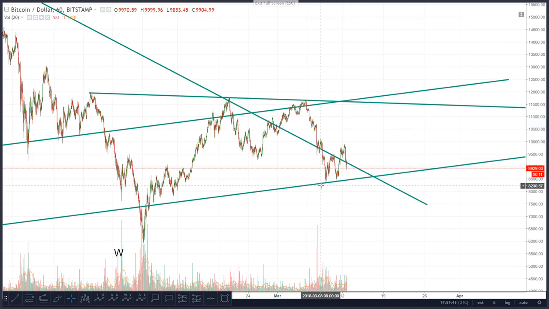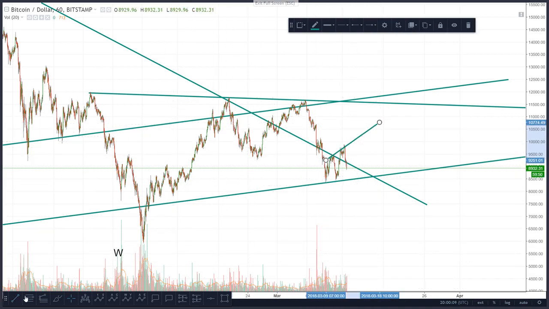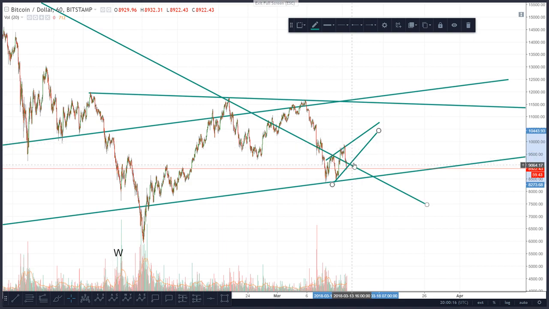Now, if this was the completion of the correction, I was expecting an impulsive wave up. So far we've not really seen that. The only way I can justify this wave count is either we're going to see a diagonal, in that we're going to see price going like this to make another leg up to here, and that might make a wave 1.